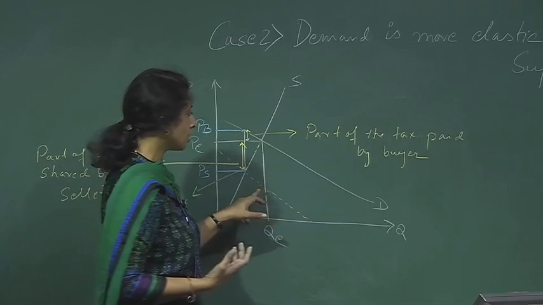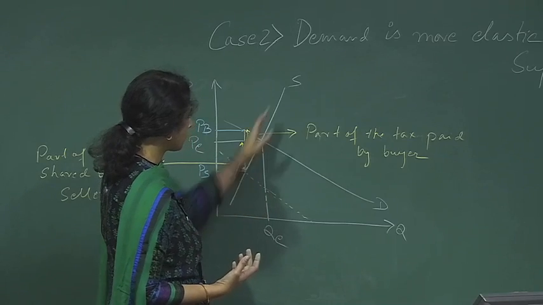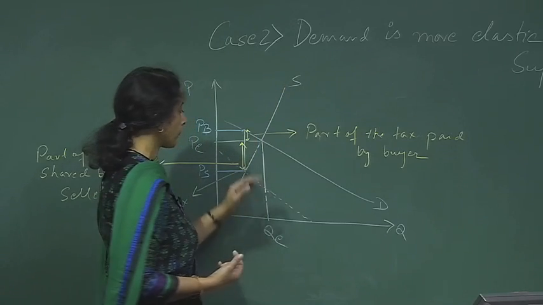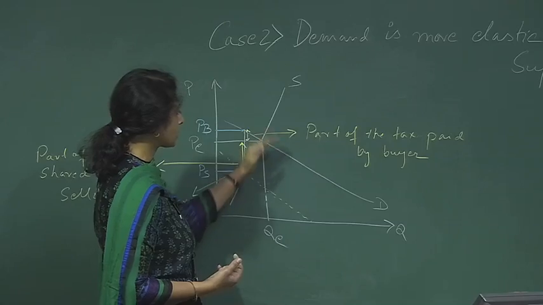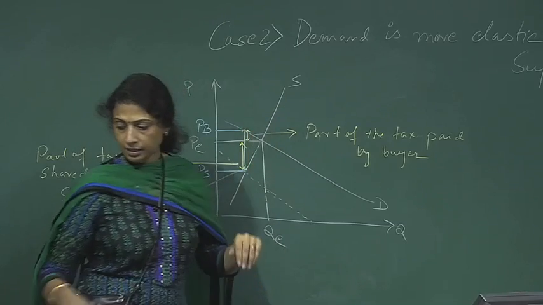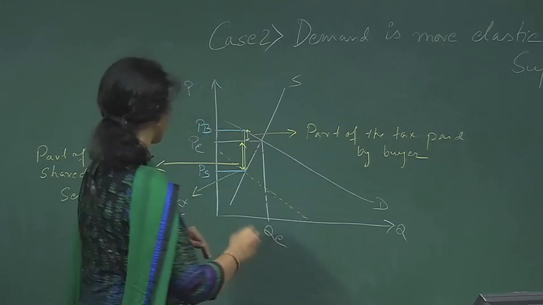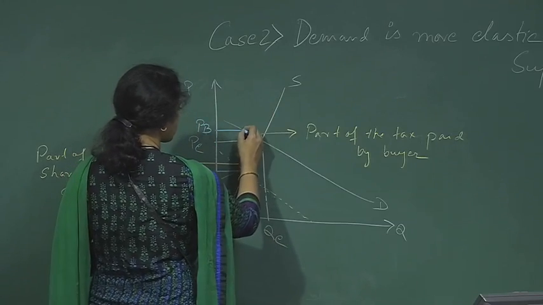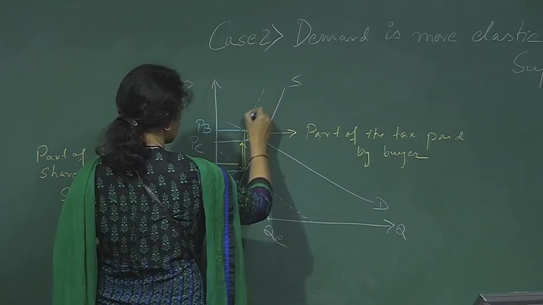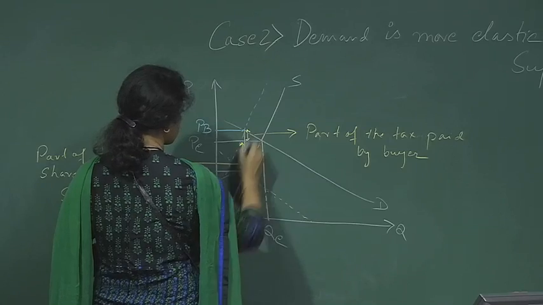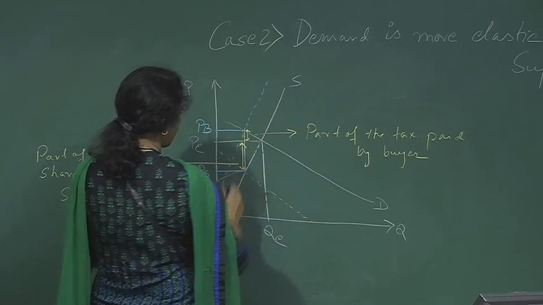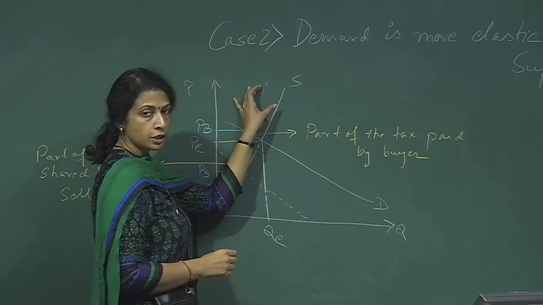On the other hand, supply is steep, and if the tax had been on the supplier, supply would have shifted to the left, or upwards, and this would have been the new supply curve.